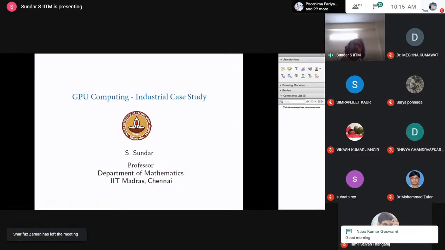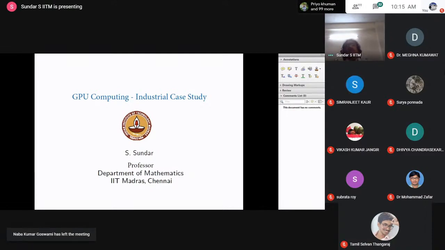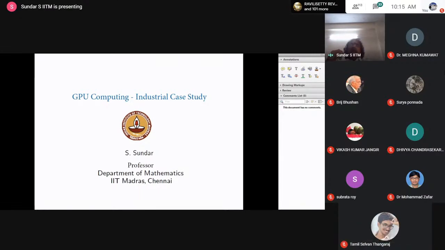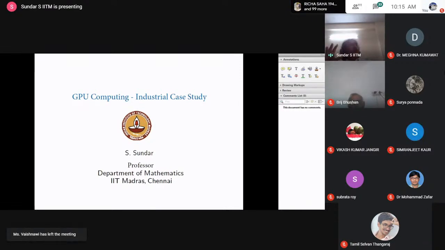Those who are familiar with the system know the NVIDIA graphics processing unit is very popular. But now this particular unit, GPU, can be used for parallel computing. So you don't need to look for high-end parallel machines. You are in a position to do your parallel computing on your laptop, which is affordable.